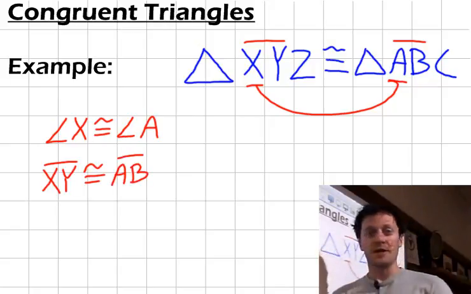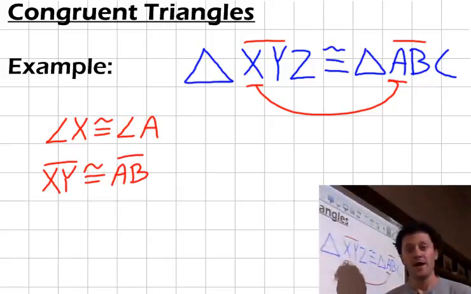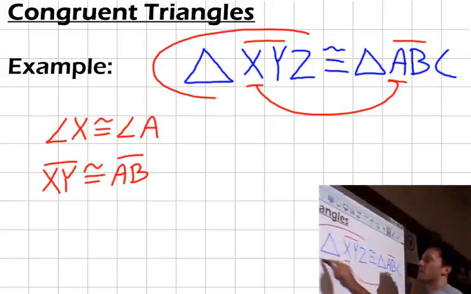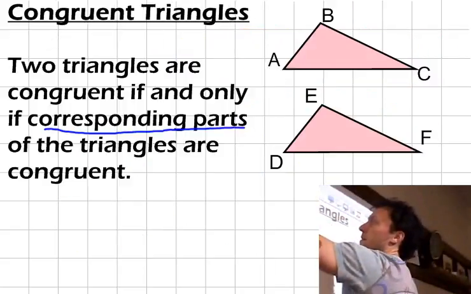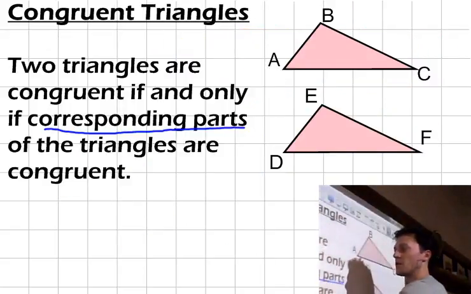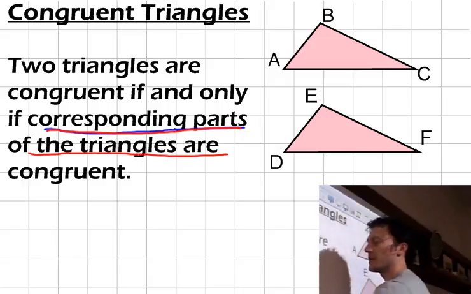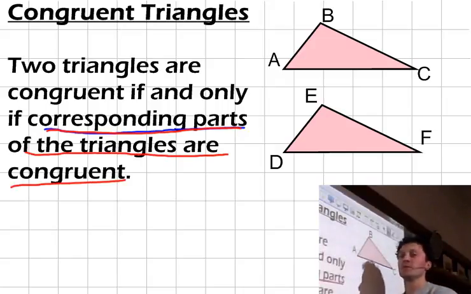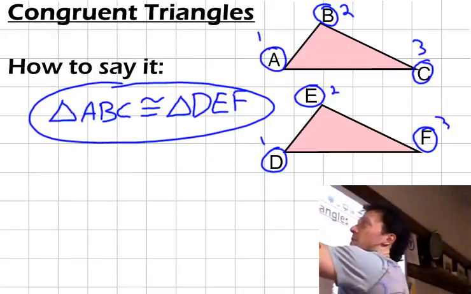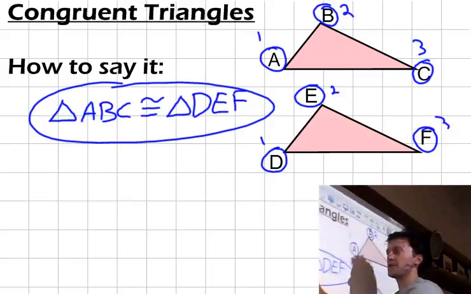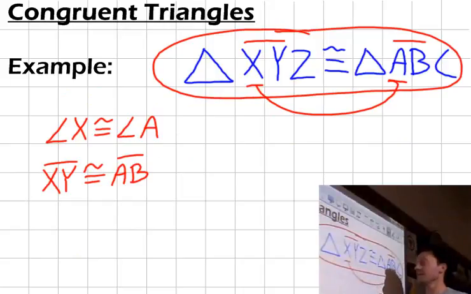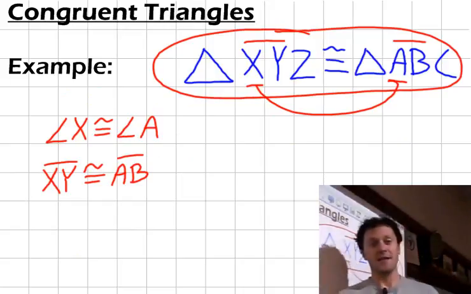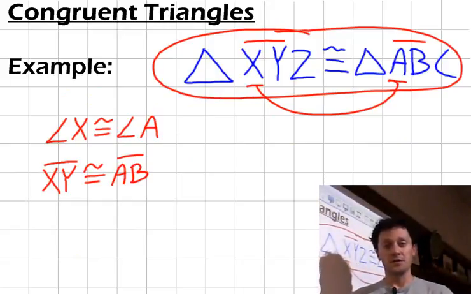I know all this because I know that if I have congruent triangles, that means corresponding parts of the triangles are congruent. So if I have two congruent triangles, triangle XYZ is congruent to triangle ABC, then I know the corresponding parts of the triangles are congruent.